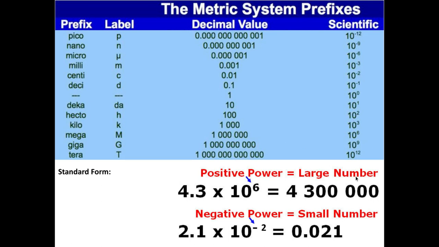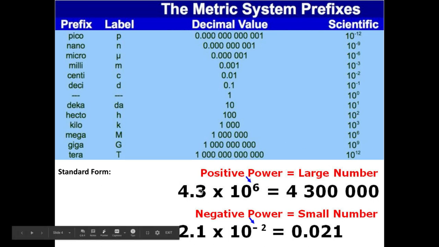Okay, now also a reminder, this stuff at the bottom, if you've got a positive power, the larger that is, the bigger the number. So this is 4.3 times 10 to the 6. I don't know why that's come up. I can't get rid of it now. Then we could write it like this. And then if you've got a negative power, then you're going to get very, very small numbers.